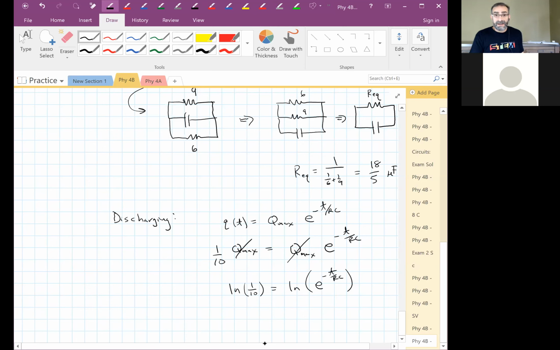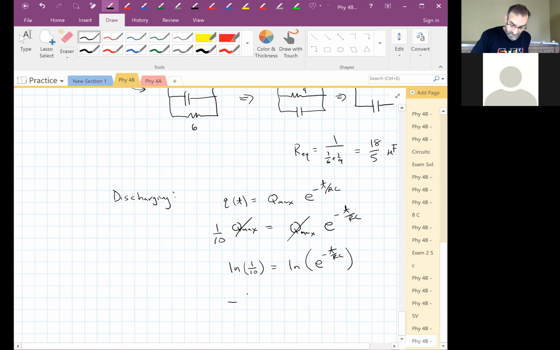The ln of 1 over something is the same as negative the ln of that thing. So this is the same as negative ln 10. And the natural log of e to some power is just that power. So this is just negative t over RC.